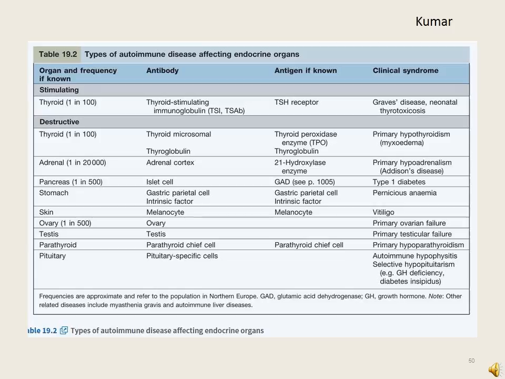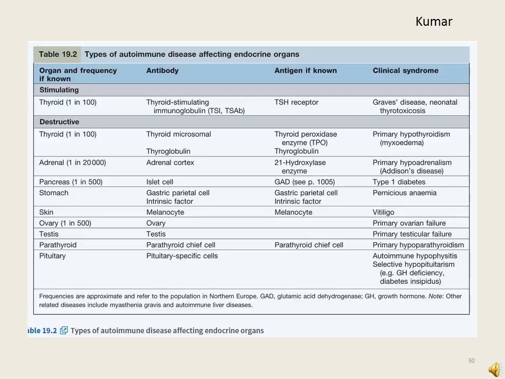Like for the thyroid, for the stimulating type, like Graves' disease, this frequency can occur in 1 of 100 persons. In the destructive type, like Hashimoto thyroiditis, the same frequency, 1 in 100 persons.